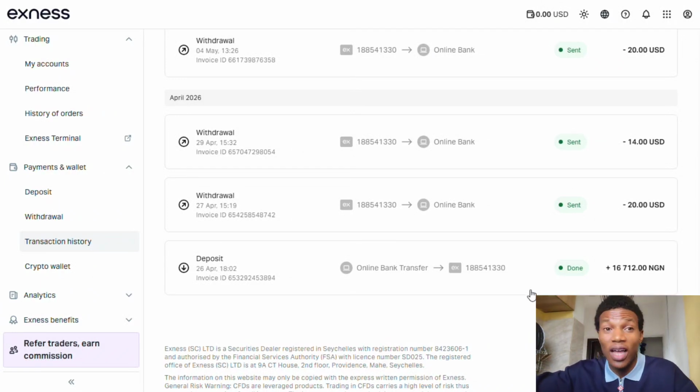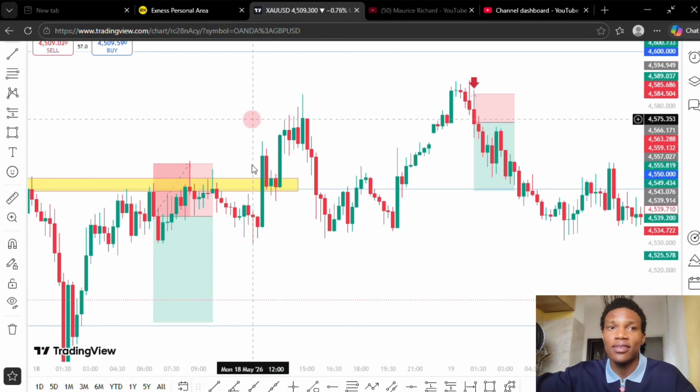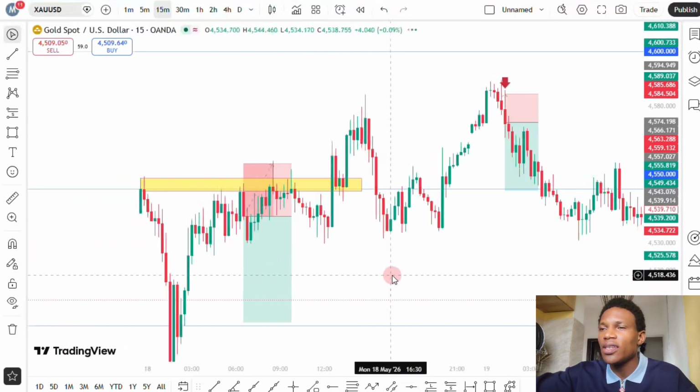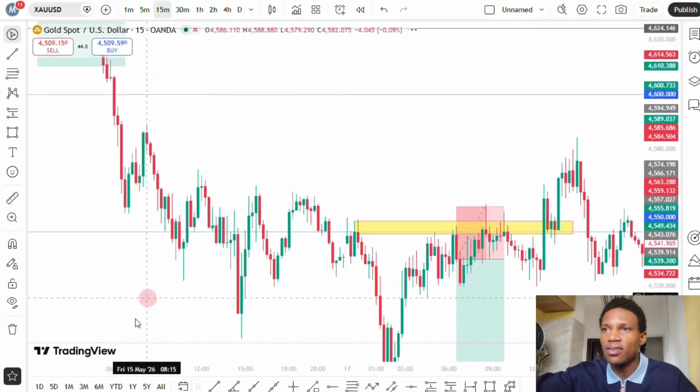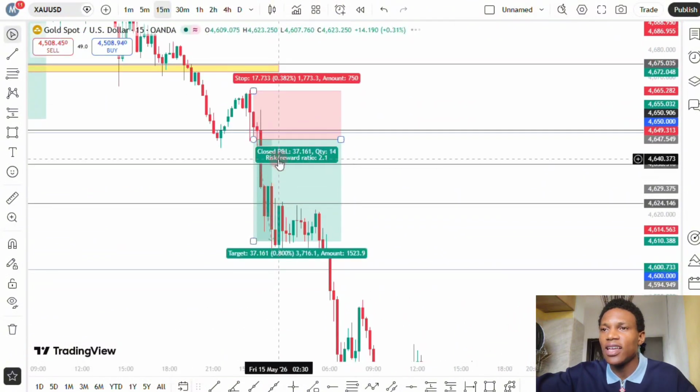So this is my total. I was able to make $60 out of this account. Imagine all those trades I've been taking. Let me go back to my Excel, my charts. Imagine all these trades I've been taking that I've had wins on. Let's say this last trade I took, which is a win over here.